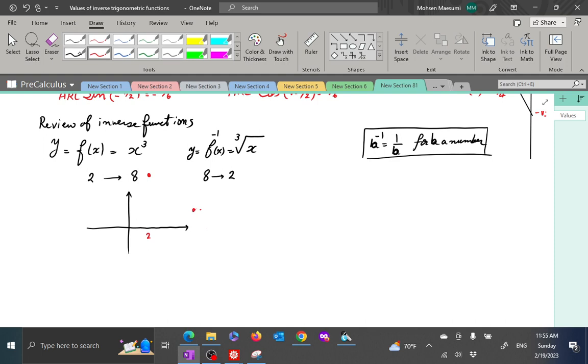Meaning, if you have a graph of x cubed, perhaps it looks something like this. And then at the beginning of semester, we said if we take this and reflect it across the 45-degree line, what we get is the graph of the inverse.